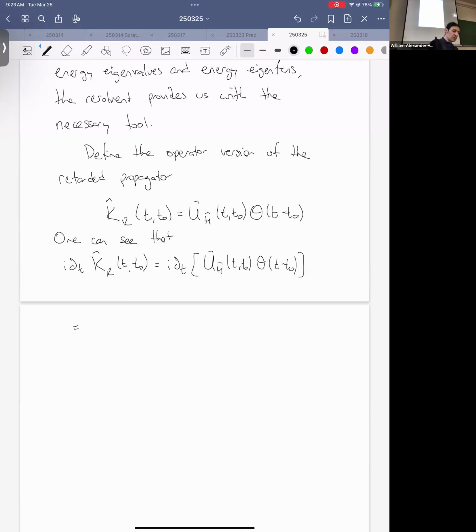And we know from the Schrödinger equation, i partial t of the time evolution operator is the Hamiltonian. And then product rule, the time derivative acting on the theta function gives me a delta function.